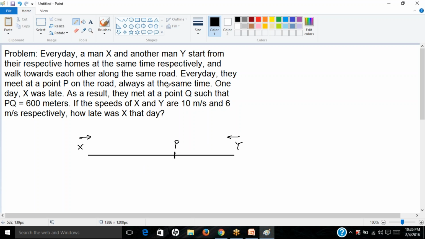Since they always meet at the same time, it means that they are punctual, right? So if X, let's say, starts off at 6 o'clock in the morning, and Y starts at 6:15 in the morning, for example, and every day they start at the same time and move with the same speed, so obviously they will meet at that point P every day at the same time.